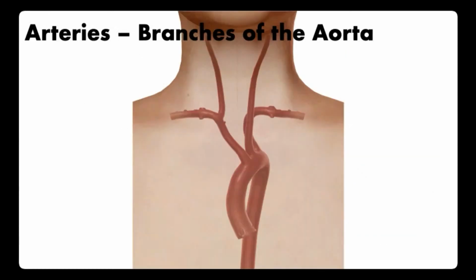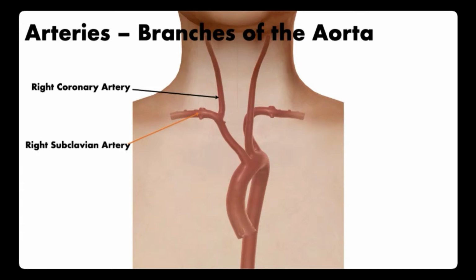Okay. Branches of the aorta. Let's start here. That's right. Right coronary artery. What about here? That's right. Right subclavian artery. Here. Yes. Brachiocephalic artery.